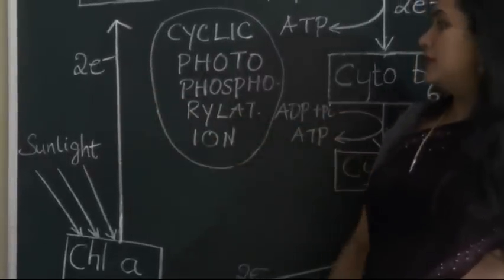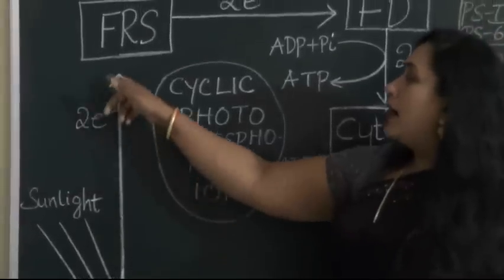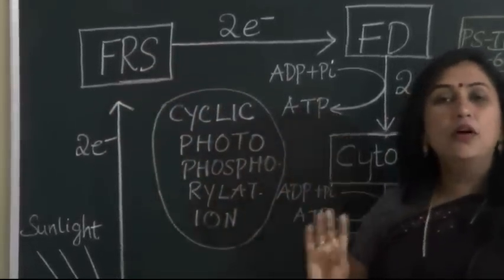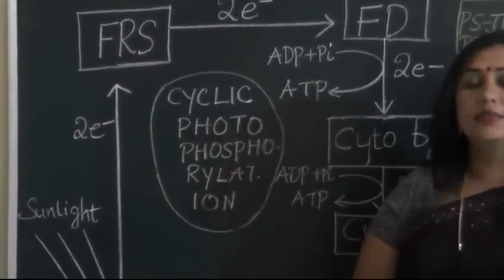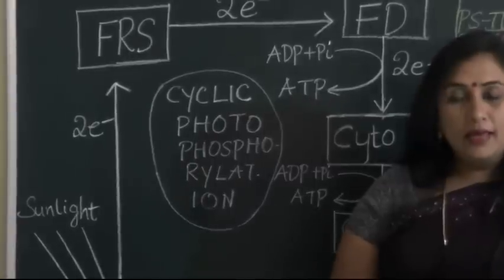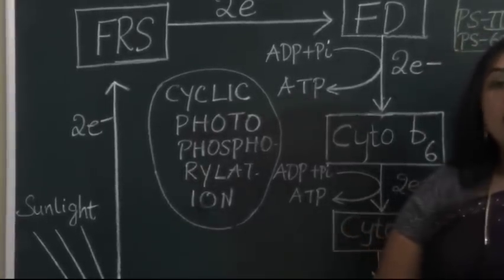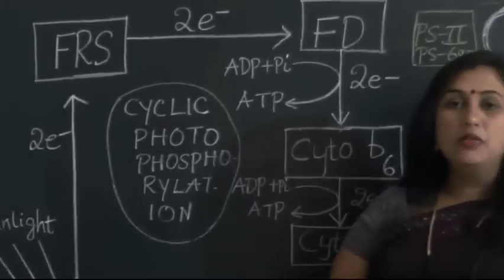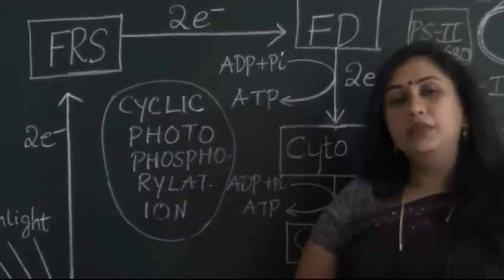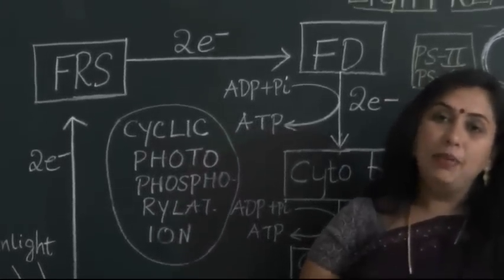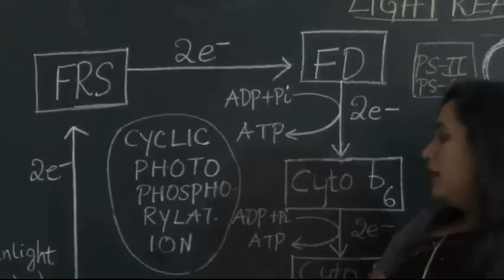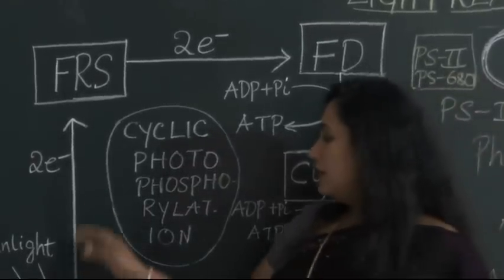Now, what happens to them? They will pass through a series of electron acceptors, and on their way they will come in contact with ADP molecules, adenosine diphosphate molecules, and convert these ADP molecules into ATP. Now let us take a look at it.